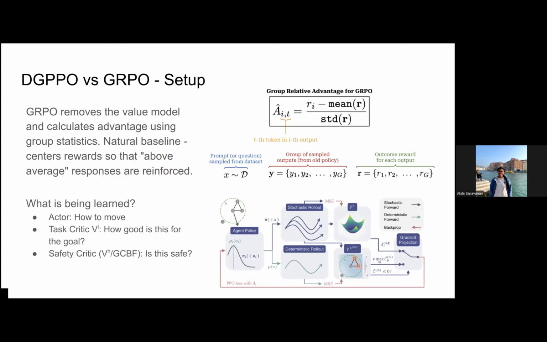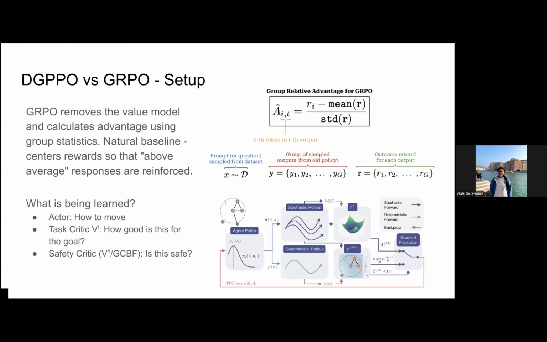Your current reward minus the average reward, over the standard deviation of that distribution, tells you how you're performing with respect to the rest of your current distribution. The nice thing about this baseline is that the mean centers your rewards. Anything positive is better than average, and anything negative is worse than average. So you won't be making negative decisions.